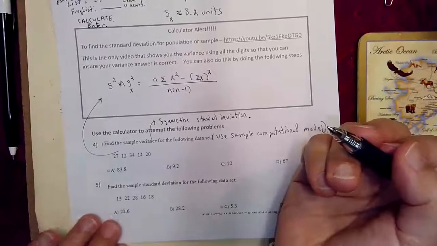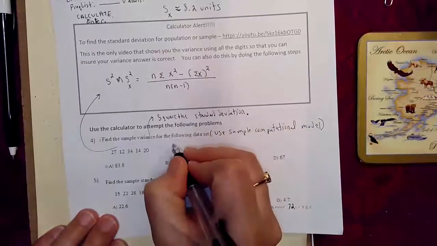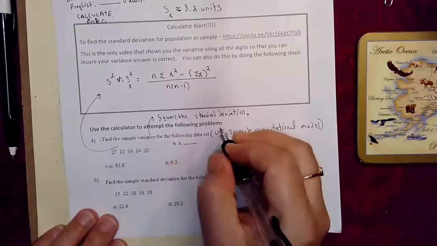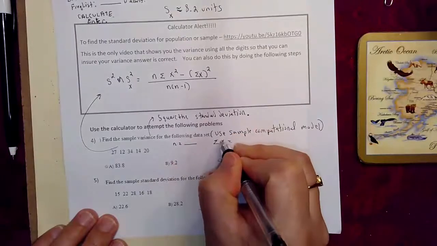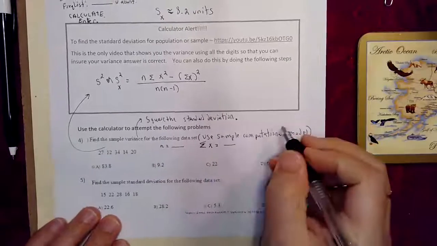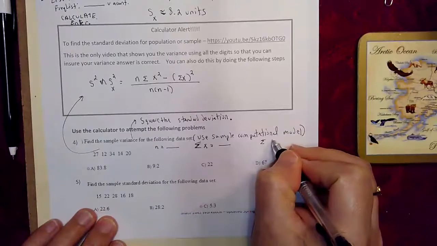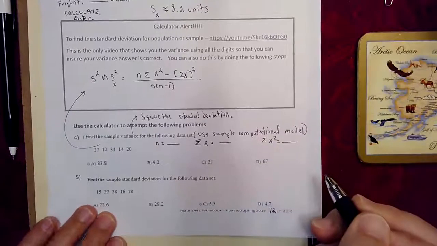What you would also have on your test, I would have prompts for n, I would have prompts for summation of x, I would have prompts for summation of x squared. Okay.